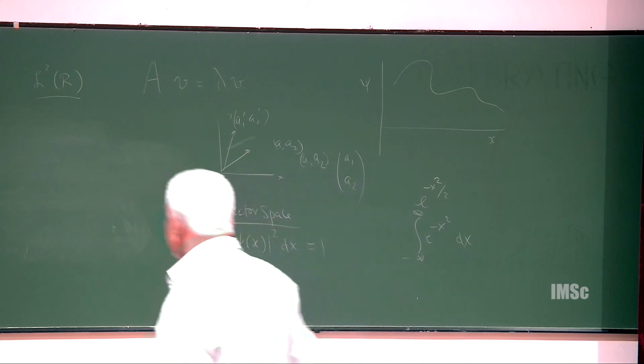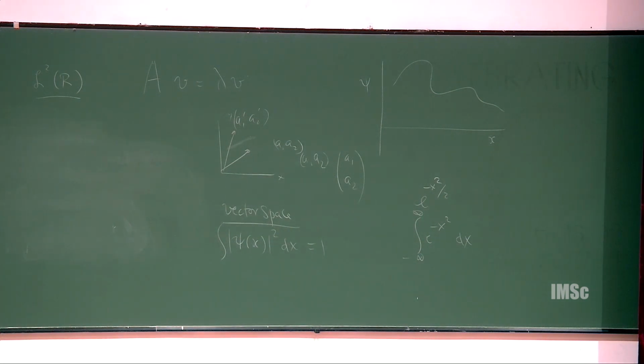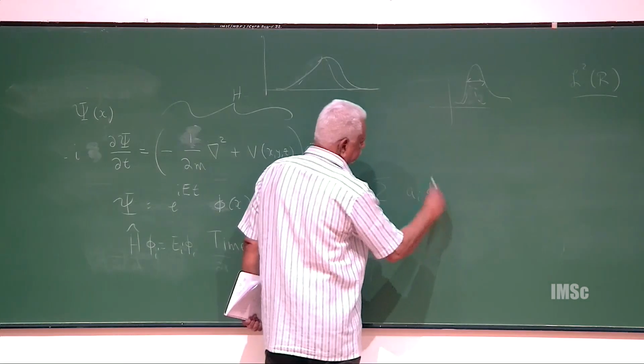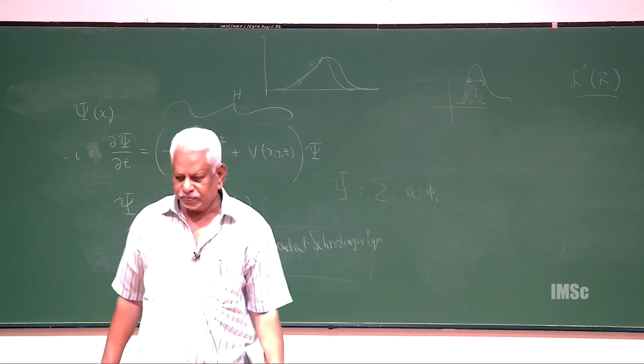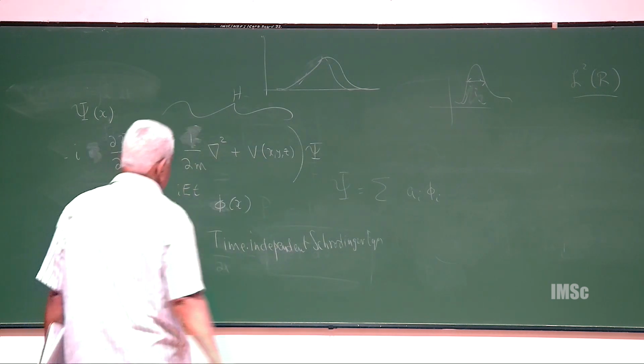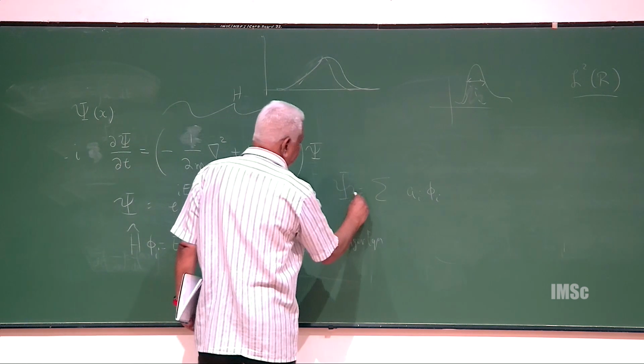Now an arbitrary function psi, supposing these are some E i and phi i, an arbitrary function psi can be written as the sum over i of a i phi i. You can write it like that. Now this is a function only of x.